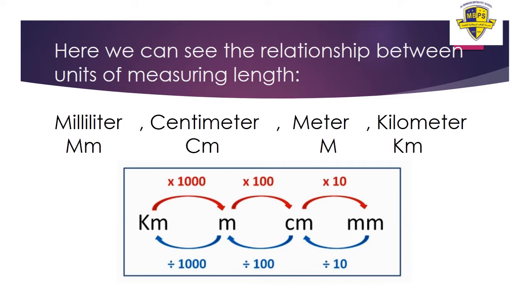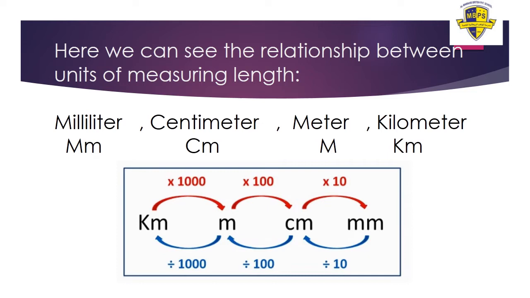If I ask you now, for example, I want to make 1 meter using millimeters. How many millimeters will give me 1 meter? Let's count. Put your finger at meter, the other finger at millimeter. And look up. The numbers we have are 10 and 100.